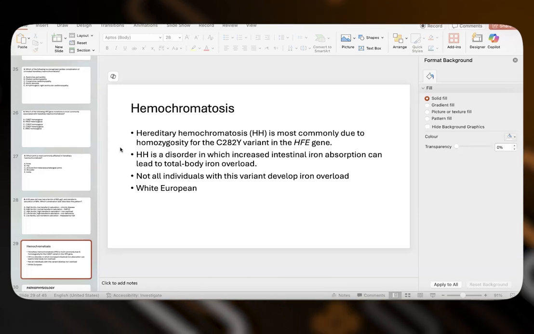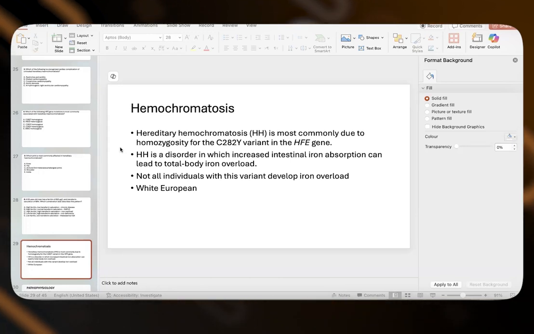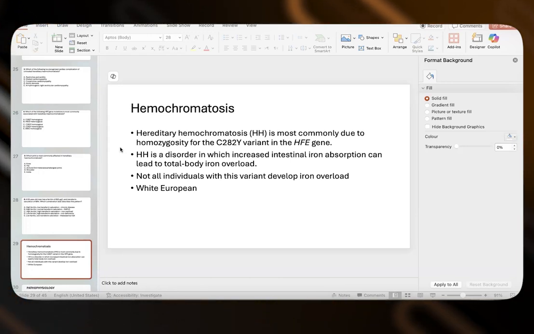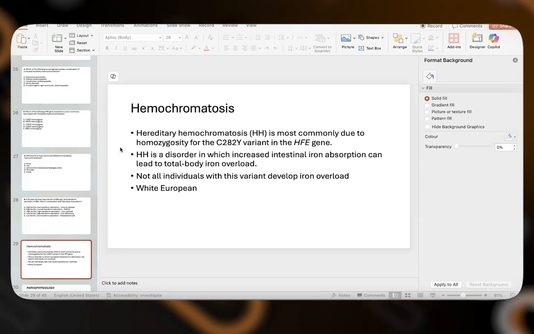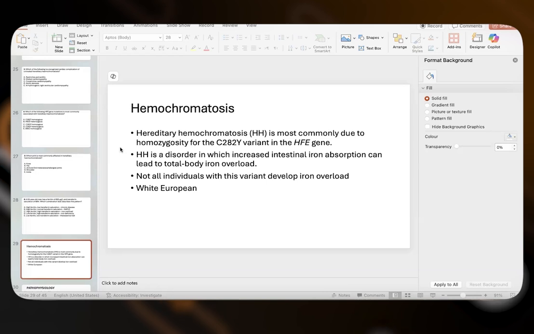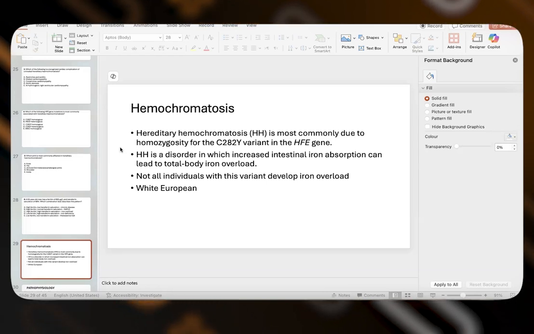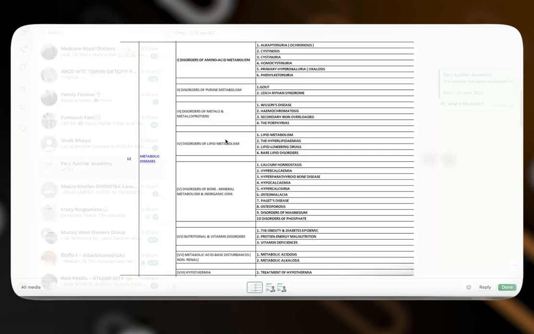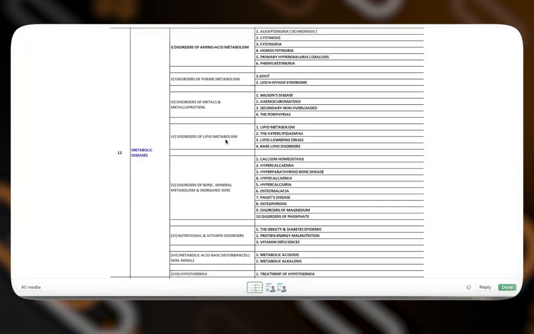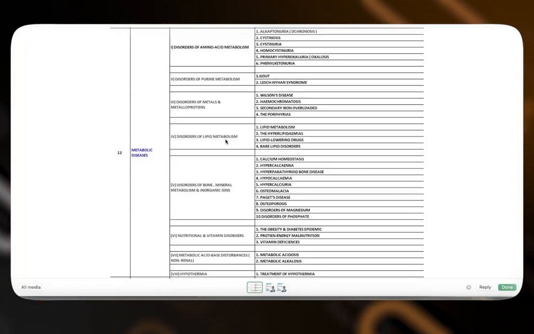Sir, what is the next topic? I'll discuss it with Fatma, because they have given me metabolic diseases. It has a big list actually. Do you guys have any preference? I can show you my screen. So these are the topics. Metabolic disease covers a big list.